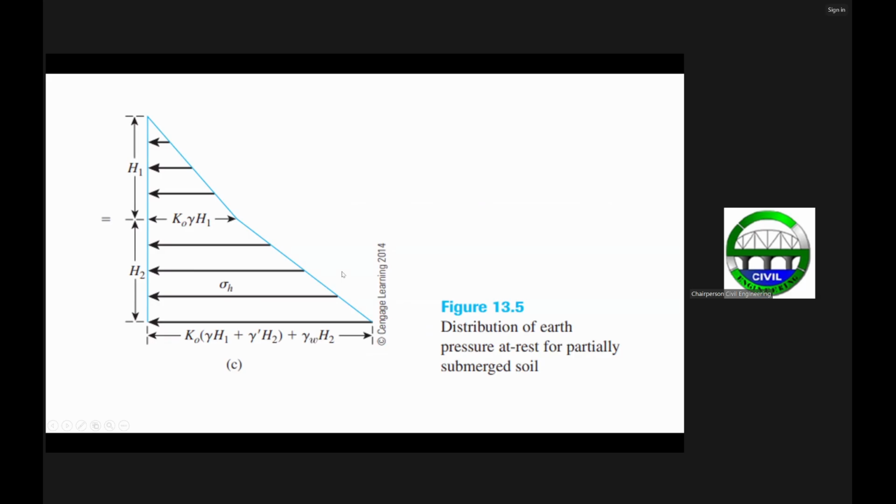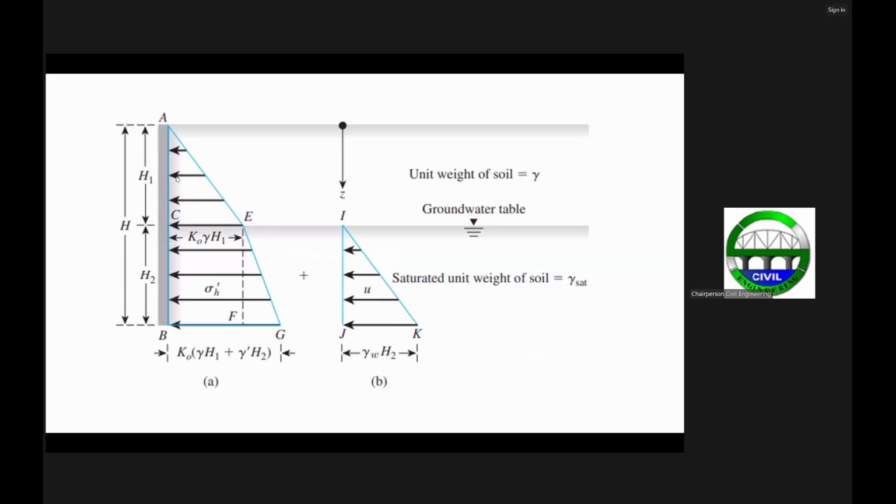So going back to these pressure diagrams, we have pressure diagram one, this triangle; then pressure diagram two, this rectangle; then pressure diagram three, this triangle here. And the fourth pressure diagram is due to the pore water pressure.